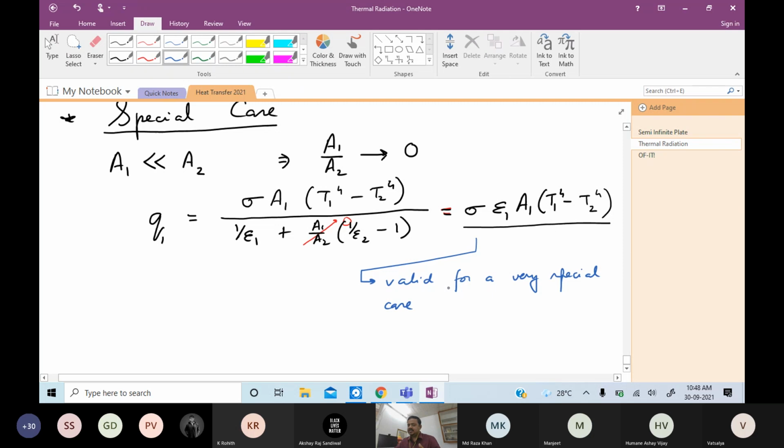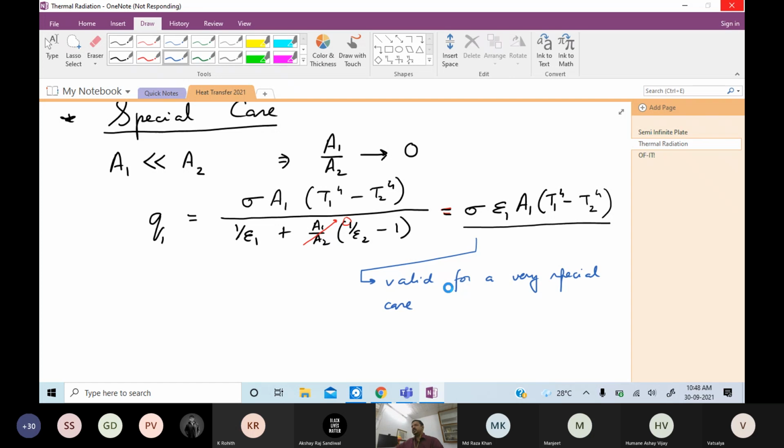Of two surfaces exchanging radiation, where the view factor of surface 1 to surface 2 is 1, and the area of 2 is infinitely large compared to the area of A1. So for example, if I am a person standing in the middle of a field with a vast expanse of sky around me, whatever I am exchanging with the outer space, I can use this.